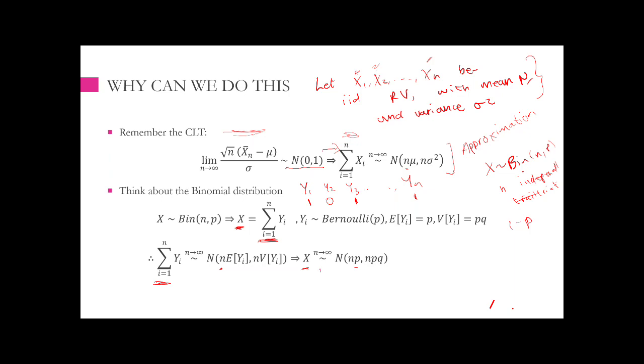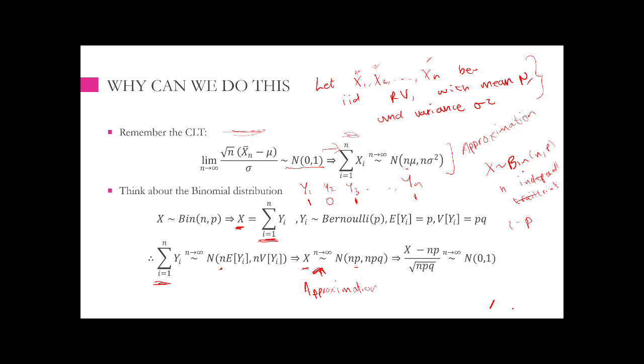Remember this over here, n going to infinity, that's the approximation part, right? Because obviously we can't actually sum up infinite things, because then there's some implications and philosophical things about that. But you can't really sum up infinitely many things. What this is saying is that as n is getting bigger and bigger and bigger, this binomial is going to look a lot closer to some kind of normal. And when we have a normal, we know how to standardize a normal, right?